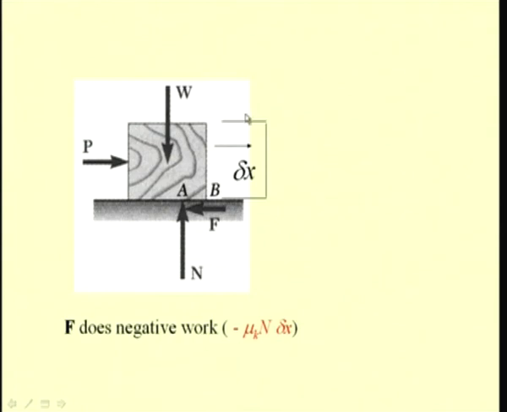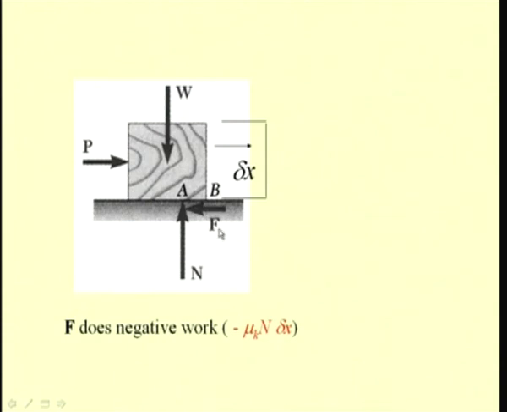But if the problem is to analyze, say, the efficiency of a system with friction, or we are interested to find the efficiency of this way of pushing this block against this surface in order to move this object from one place to another, then the object is actually in motion and the force P is more than the limiting value of the friction that is available in this contact.